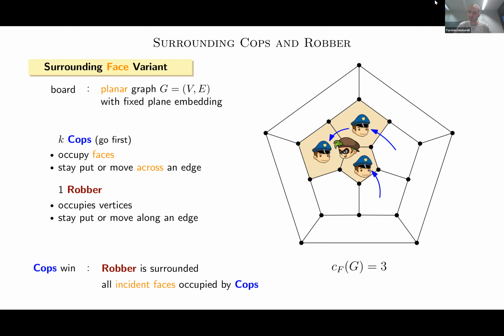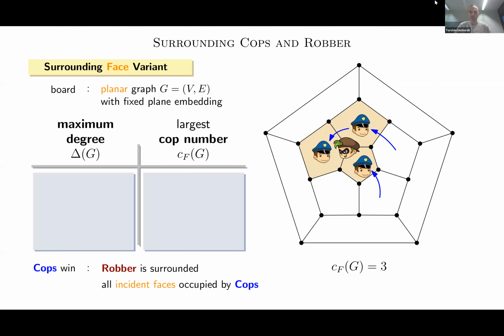So we wondered again what happens in terms of the maximum degree. Okay, so we want to compare the maximum degree of the graph and the largest cop number among all plane graphs with this maximum degree. Yeah, so you can start by thinking about maximum degree 1. And it's easy that indeed 1 cop is necessary and also sufficient.